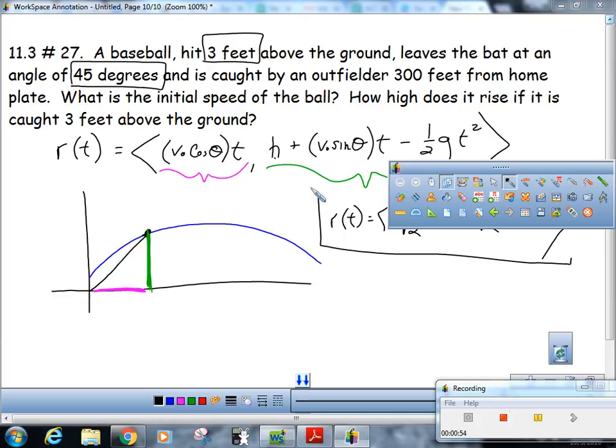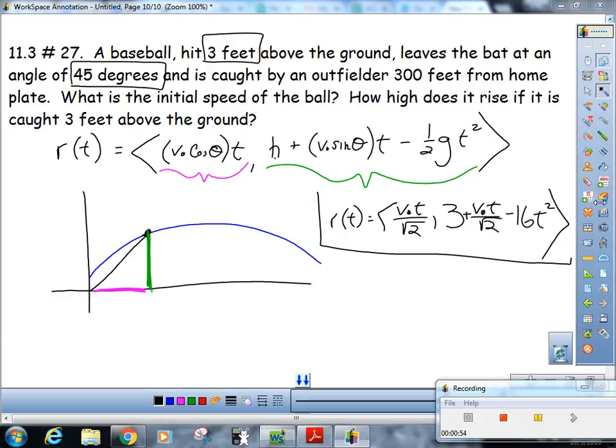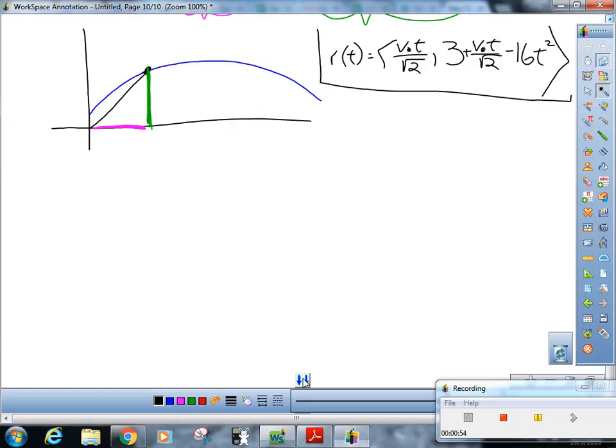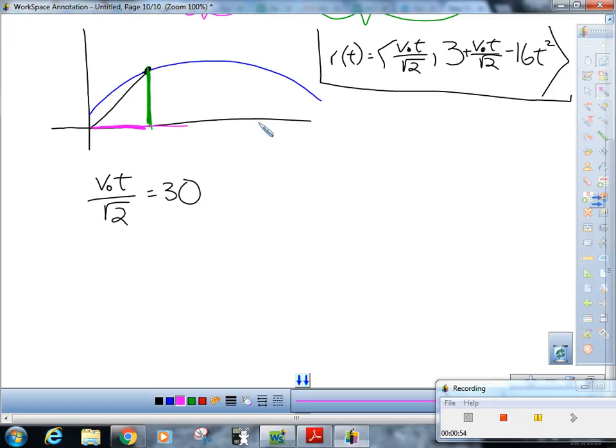Okay. So, with the information that we have given to us, I know that at some t value, this thing has traveled 300 feet in this direction.